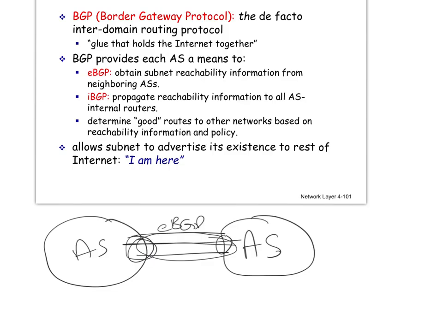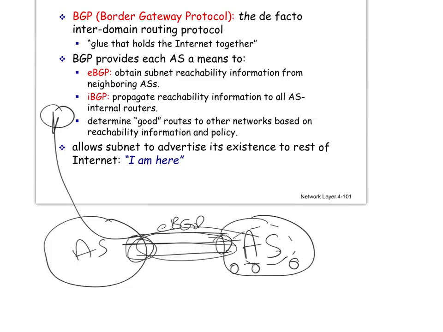The interior border gateway protocol is the one that works inside each autonomous system to, again, communicate the reachability of the other autonomous systems to the internal routers. Because any internal router here should have some connectivity information to a destination here, which is connected through this autonomous system, right?